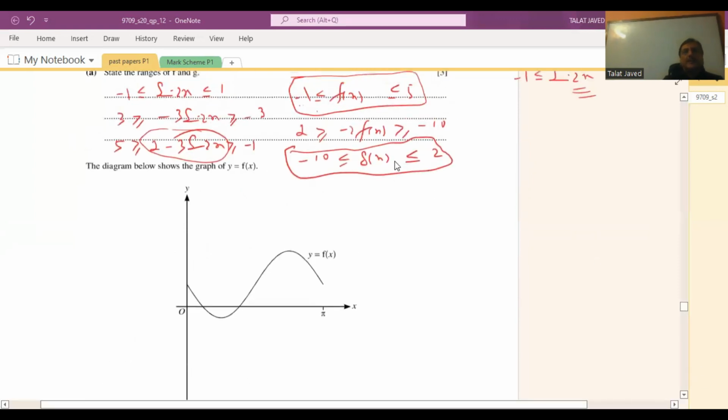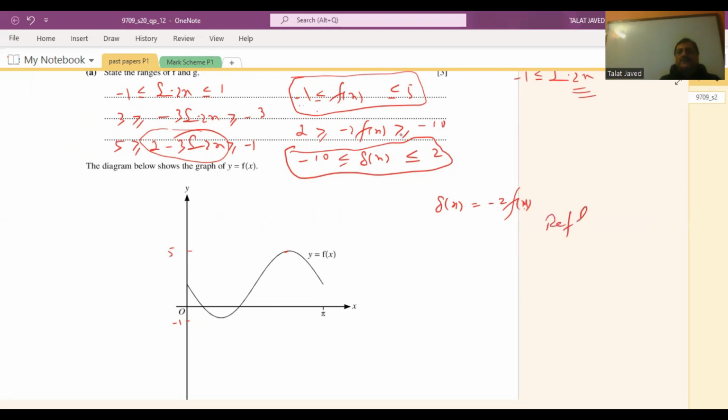Now you can see g of x is minus 2 times f of x. You can see the range of f of x is minus 1 to 5. It means that this is minus 1 and this is 5. So g of x is minus 2 times f of x. When a graph is multiplied by minus, this is the reflection of f of x in the x-axis.